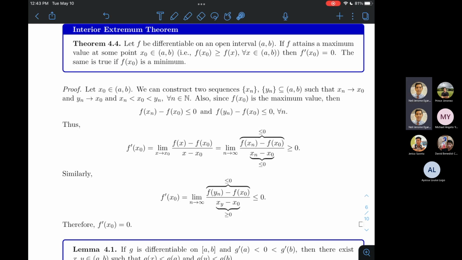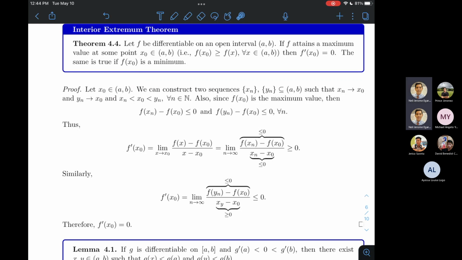Okay, so consider lang natin, si x sub 0 yung minimizer or maximizer ni f sa buong interval AB. And then, dahil si x sub 0 ay element ni AB, automatic si x sub 0 limit point na yan ni AB. Right? Kasi kahit anong element ng isang open interval ay limit point noong interval na yon.